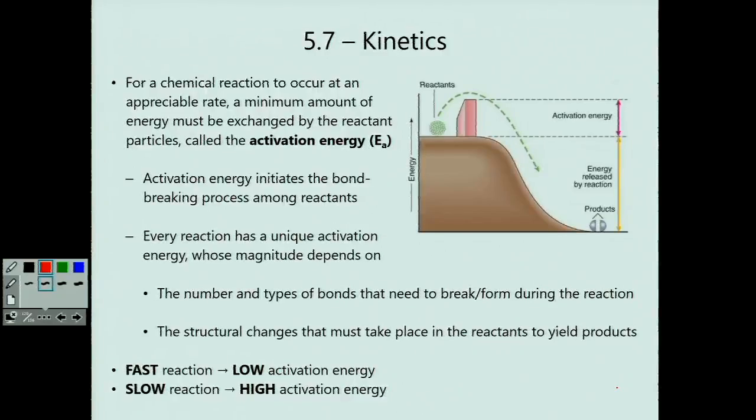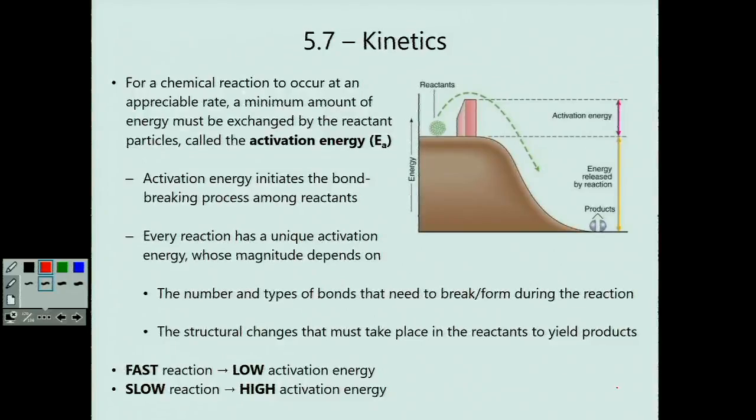So if a reaction is really fast, that means that the barrier is really low. Okay? So low activation energies mean that it doesn't take much to get that going. So that's going to ultimately be a fast reaction. However, if this is a very high barrier, you have a tall wall over here, right?